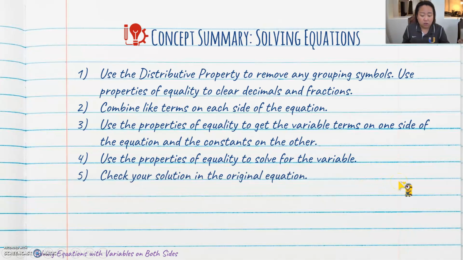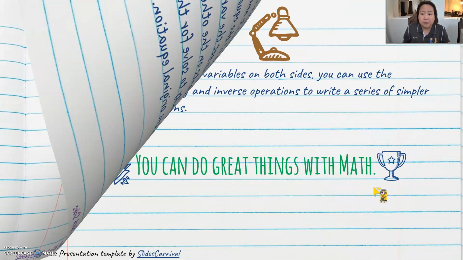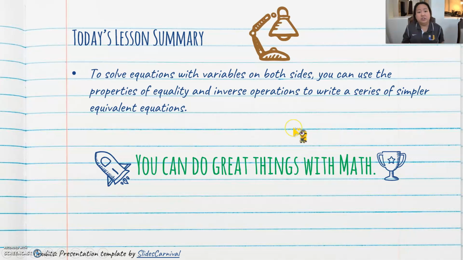And lastly, always check your solution using the value that you got for the variable, plug it into your original equation and see if it makes sense, okay? So solving equations with variables on both sides, you can use the properties of equality, the inverse operations, to make sure that you can get the equations to be much simpler. Okay.